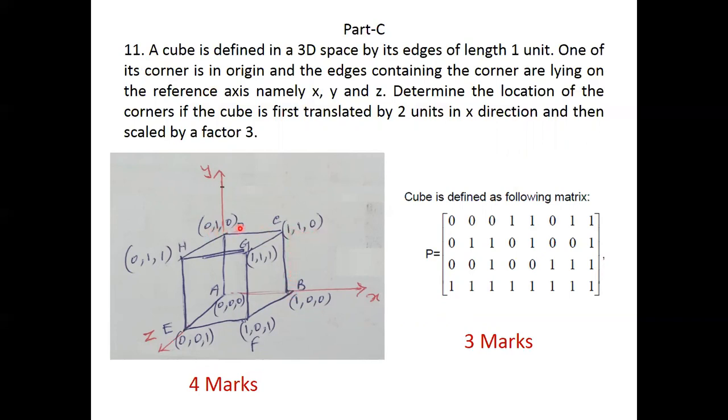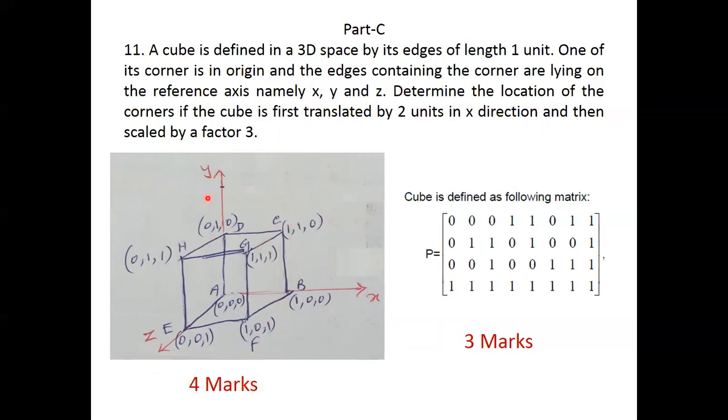This will be 0 1 0. On the top face, all Z values are incremented by 1. Therefore 1 1 1, 1 0 1, 0 1 1, and 0 0 1. Drawing this diagram and marking the corner points carries 4 marks.